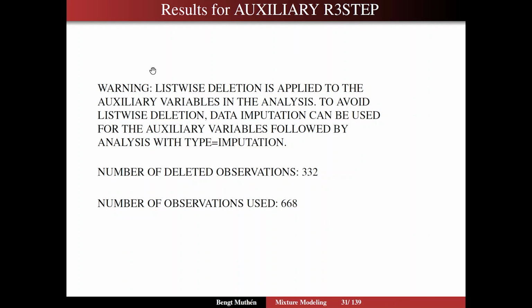Now, with R 3-step, we have list-wise deletion applied to the auxiliary variables. To avoid that, you can take the tack of data imputation, followed by analysis with TYPE = IMPUTATION, which I will illustrate in the manual approach section. The number of deleted observations again here is 332, and the ones used 668.